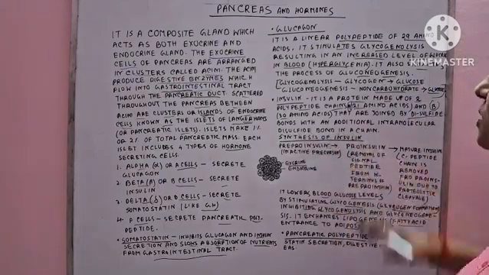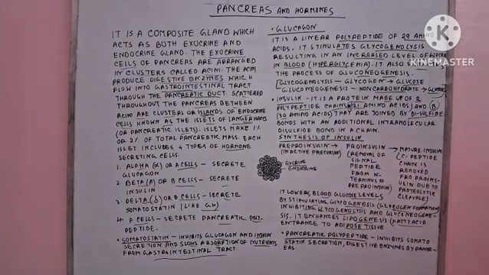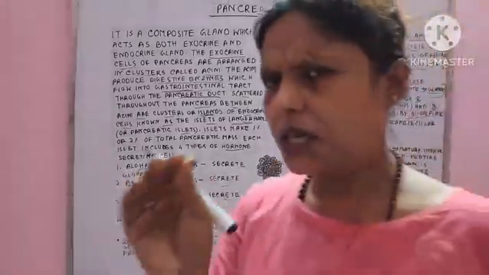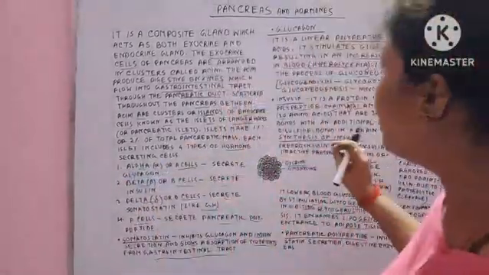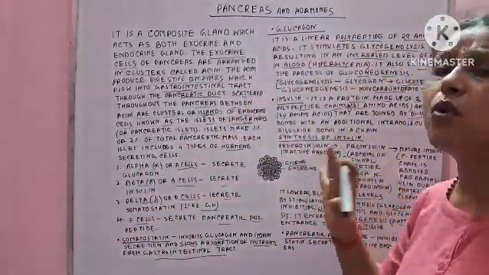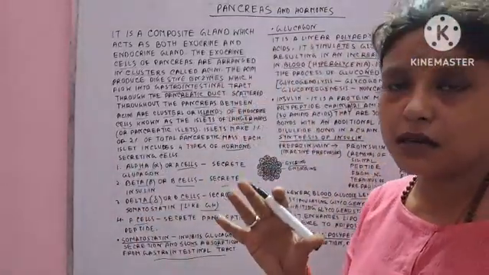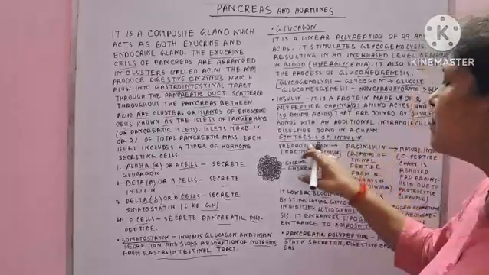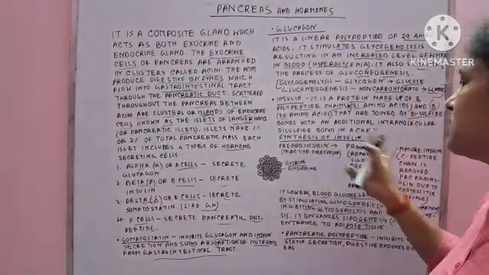Now synthesis of insulin. How is the insulin synthesized? Here the insulin's synthesis is explained, because this hormone is more important for controlling the glucose level. That's why I very simply explain the synthesis of insulin.